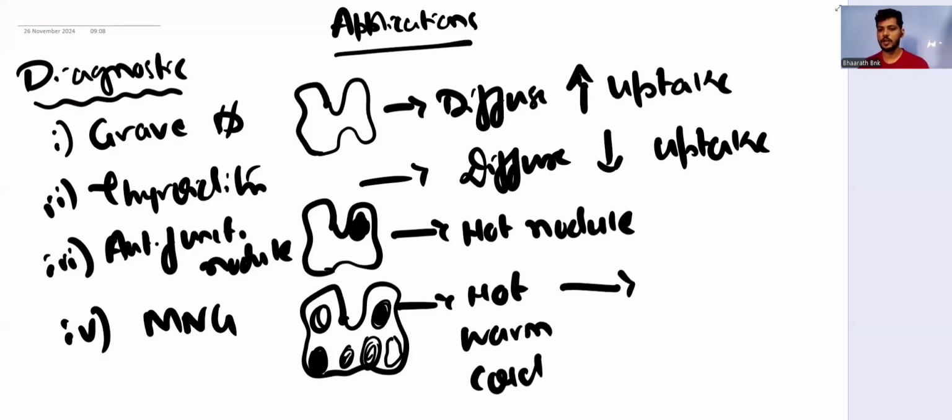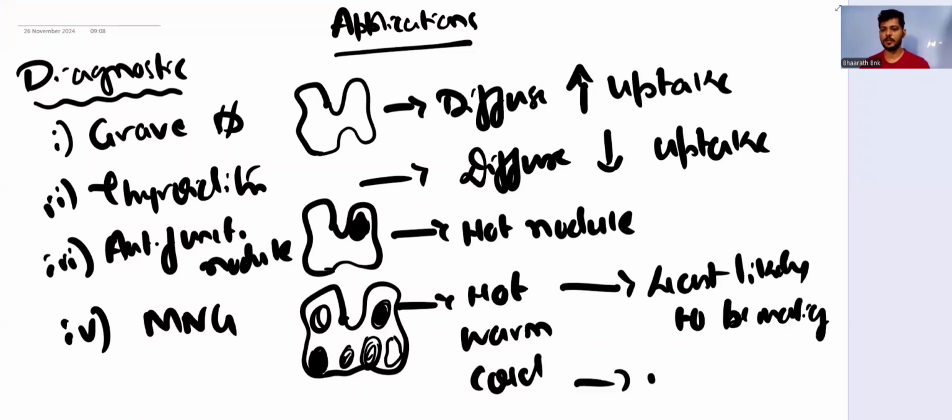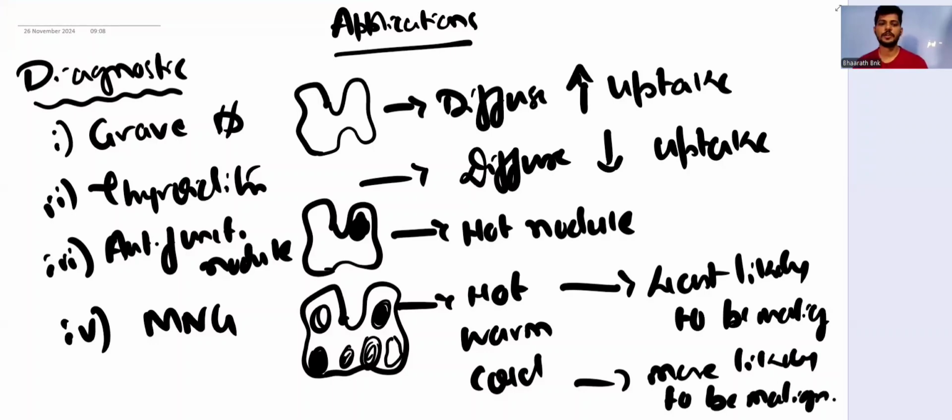The hot nodules are least likely to be malignant, while a cold nodule is more likely to be malignant. So that is why it helps us to take the FNACs also when multiple nodules are there. We preferentially take FNAC from a cold nodule.